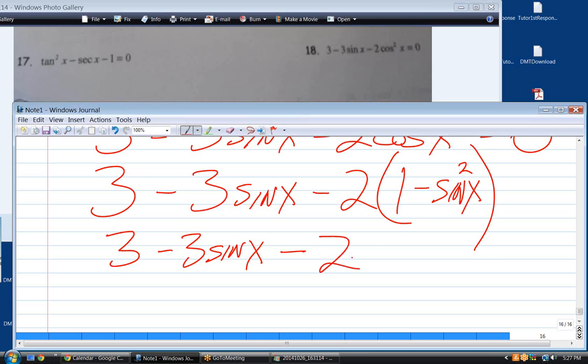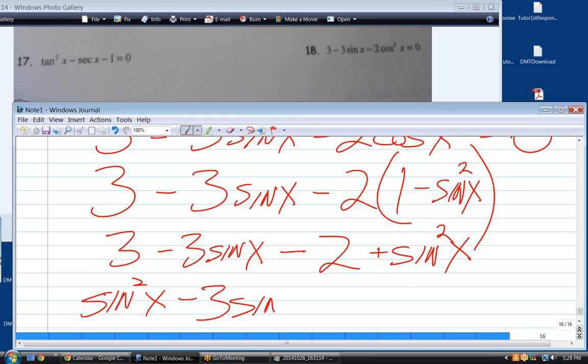Minus 2 sine, or would that make a positive, wouldn't it? Yes, it would. Now, combine everything. We get sine squared of x minus 3 sine of x plus 1 equals 0.